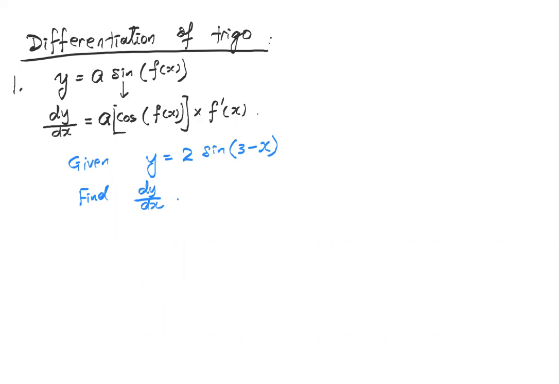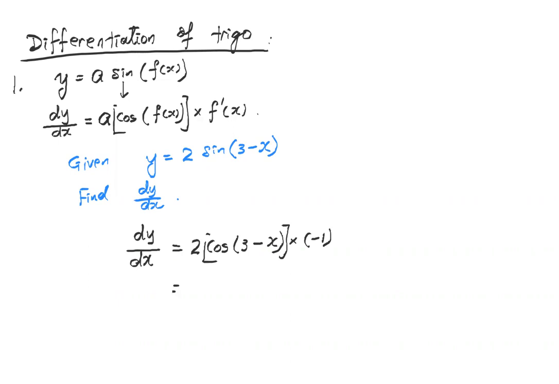Done. So I write down the 2. Sin becomes cos. Write down the angle. Times by the derivative of negative x, which is -1.